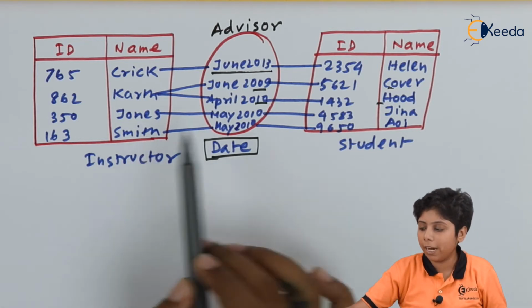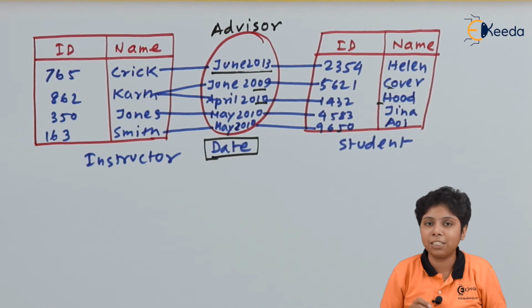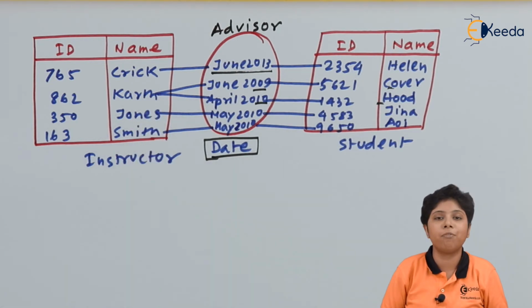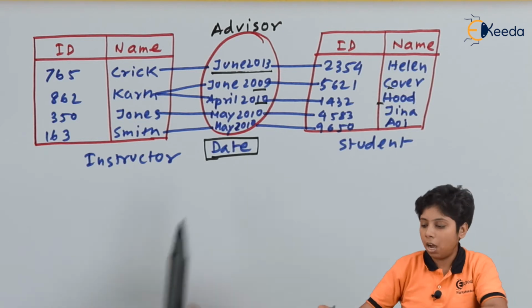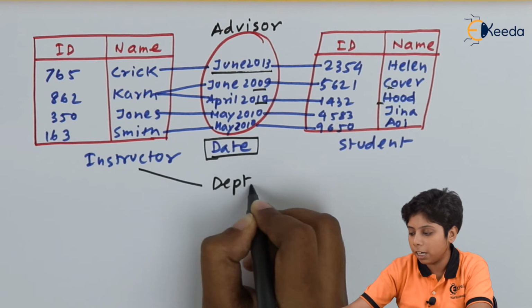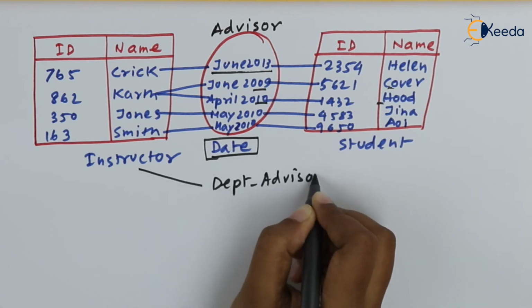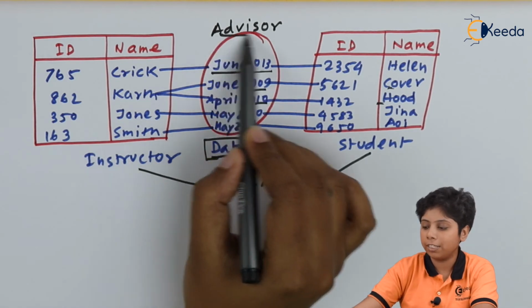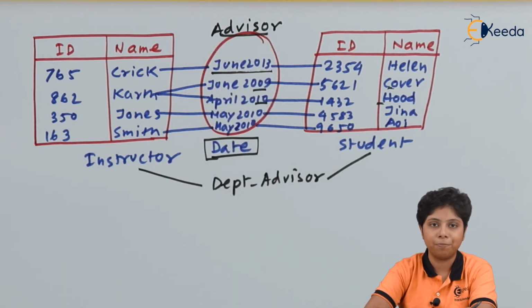Jones can be the department advisor of Helen, as well as Scott the department advisor of Avoy. So we can have another relationship, department advisor, to the student along with the advisor relation that existed previously.